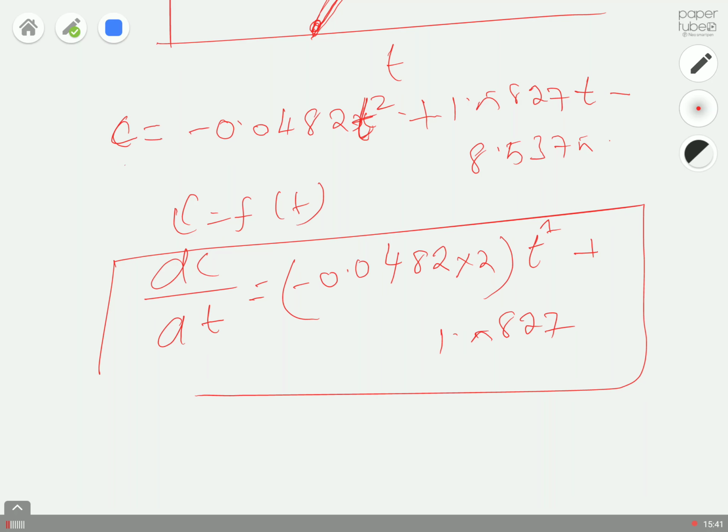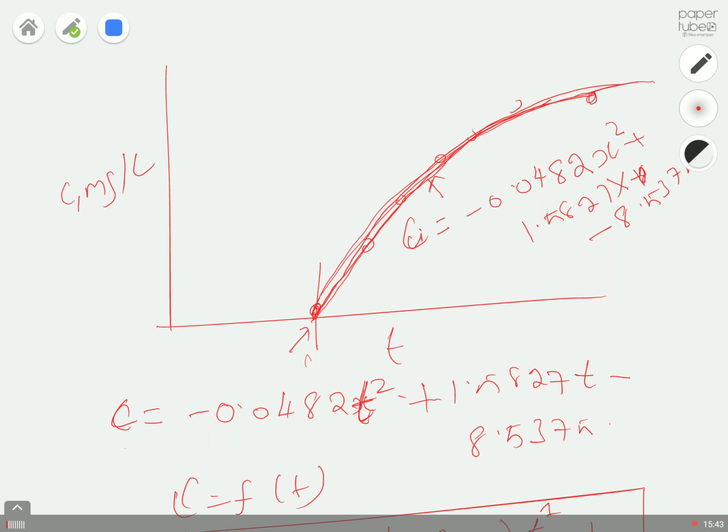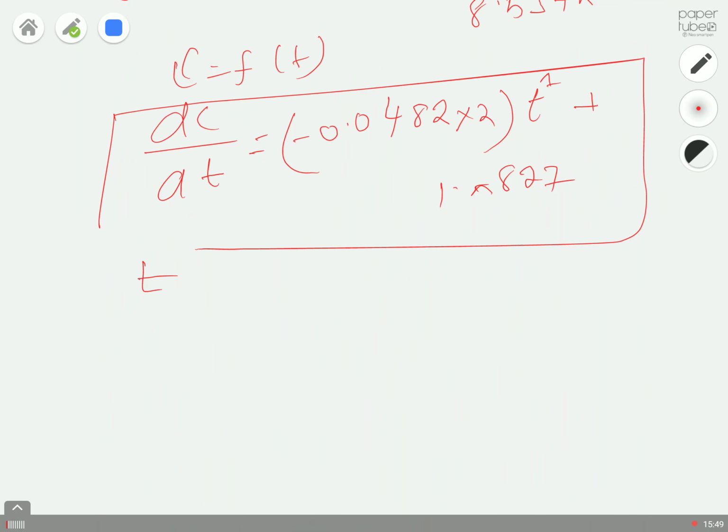So all you need is to tabulate time. If you want, you can assume time t is equal to 0 and then get the remaining numbers. Take time 0, 1, 2, 3, 4 and so on, and then dc by dt.